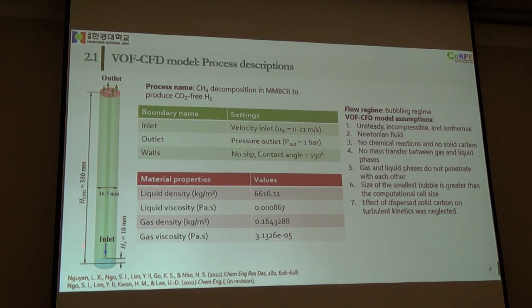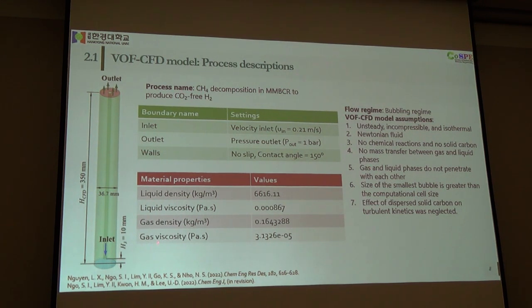We use this very small bubble column reactor with the gas injected at the center of the reactor, and we have several assumptions for the model. We did not consider the energy equation, and the flow is not incompressible. We assume a Newtonian fluid, so the viscosity is constant. There's no chemical reaction, and there's no solid carbon.